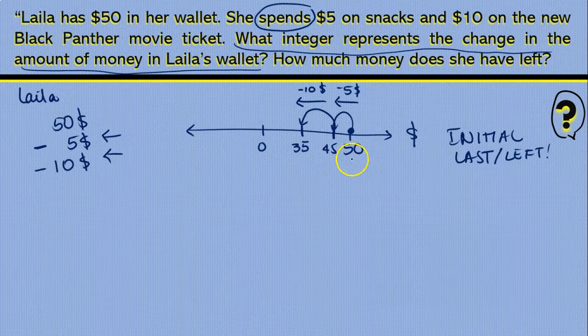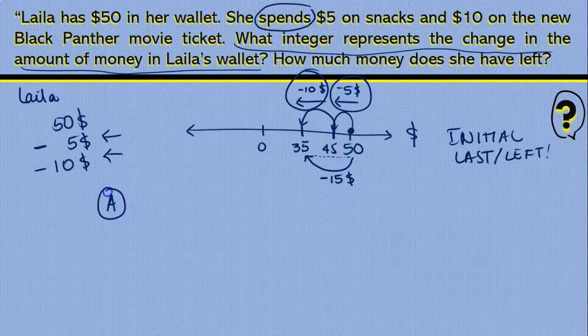So if we count from 50 to 35, we're going to have a change of minus $15. In order to get those $15, we can do two things. We can count the amount of spaces between 35 and 50, or we can just simply add minus 5 and minus 10, and it's going to give us the same answer.